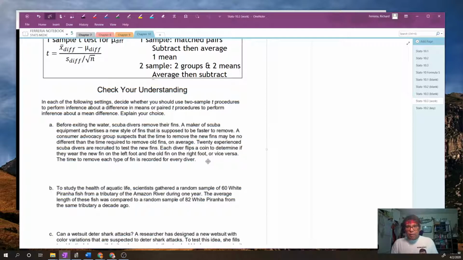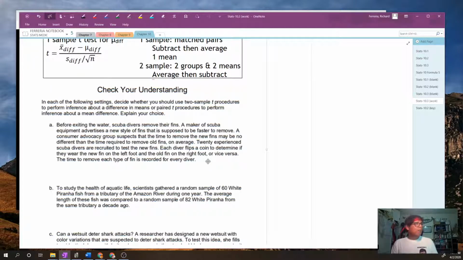Each diver flips a coin to determine if they wear the new fin on the left foot or the new fin on the right foot. The time to remove each type of fin is then recorded for each diver.